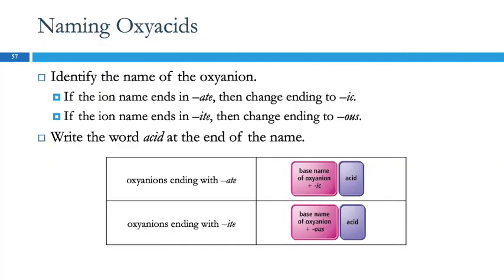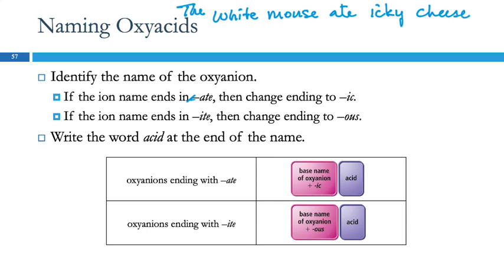Let's do it this way. Again, there we have two things we have to remember how to put together: ate and ite, ic and us. So we need to figure out how to remember it. Is the white mouse ate icky cheese? I've heard this one used a lot here at Fresno City College. Well, how does that help us? Ite and us go together: white mouse.